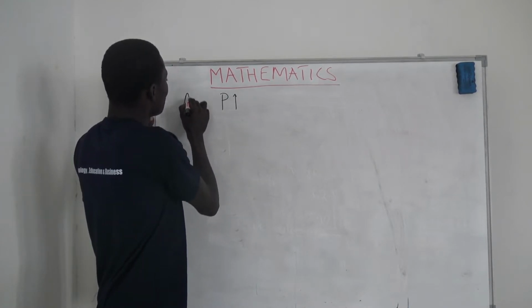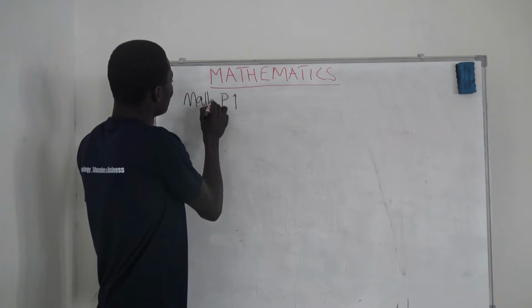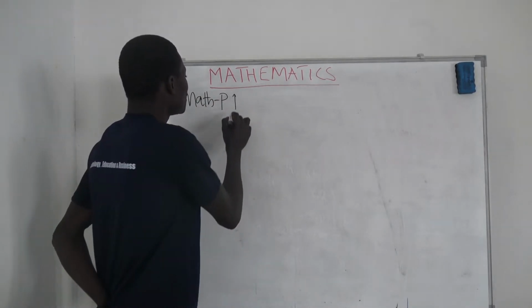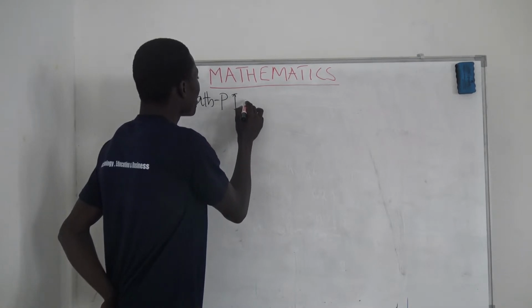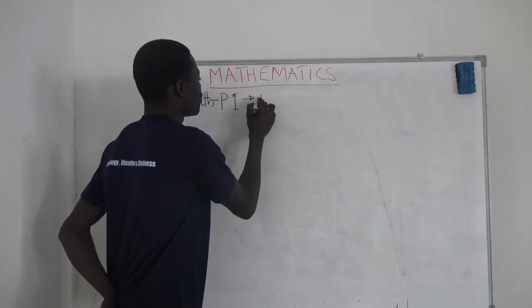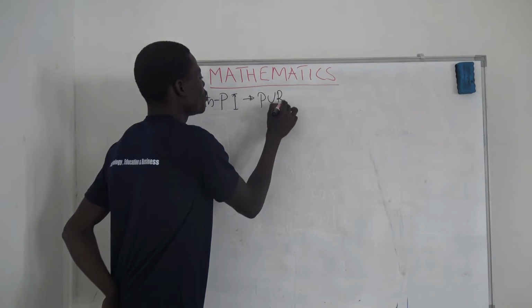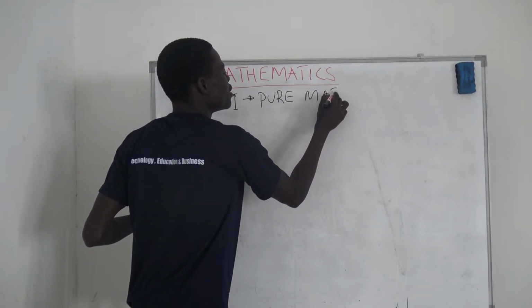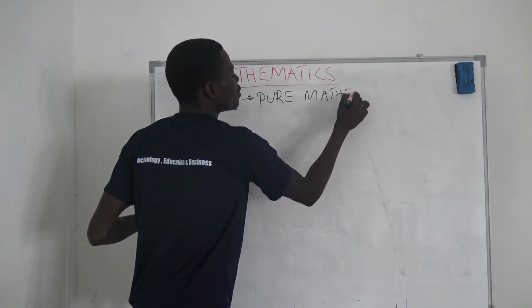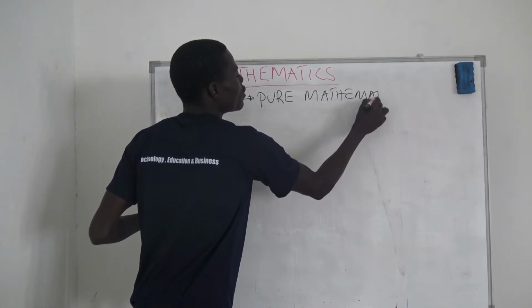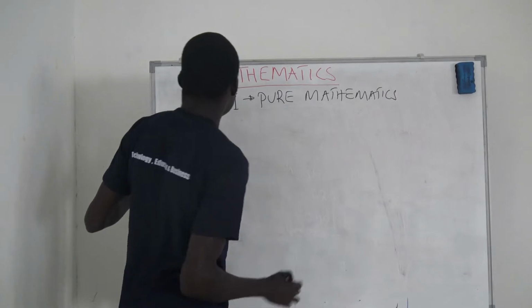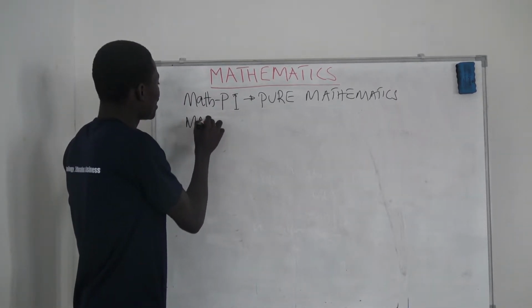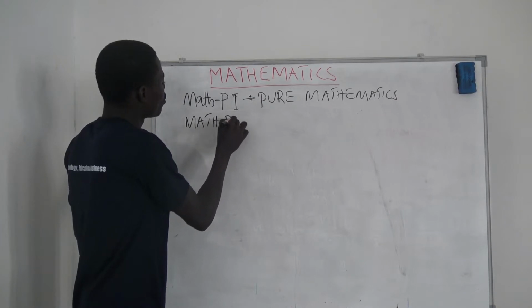That's our maths paper 1. Maths paper 1, this one is called pure mathematics. And there is another paper which is maths paper 2.